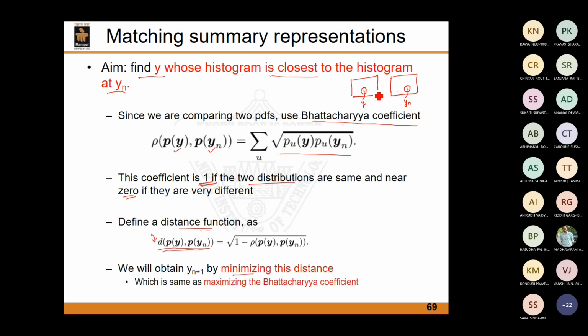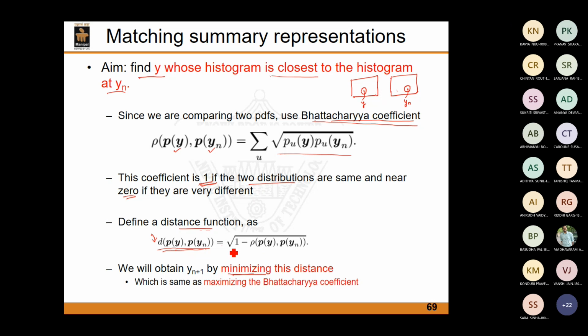In order to find this, you can either try to maximize the Bhattacharya coefficient, which tries to see how similar the two probability density functions or histograms are, or you can formulate it as a minimization problem, where you calculate a distance given by the root of 1 minus the Bhattacharya coefficient.